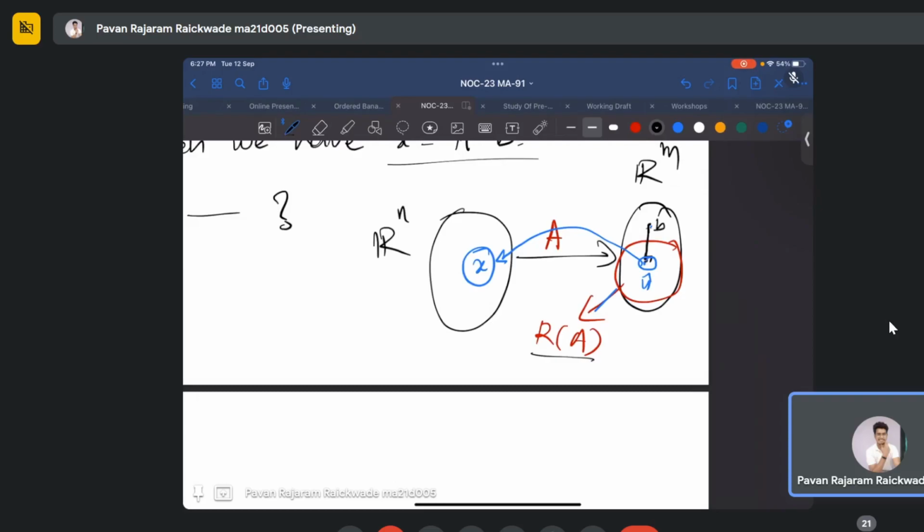That you call u tilde, suppose. Then find its inverse image under A. That will be your solution.